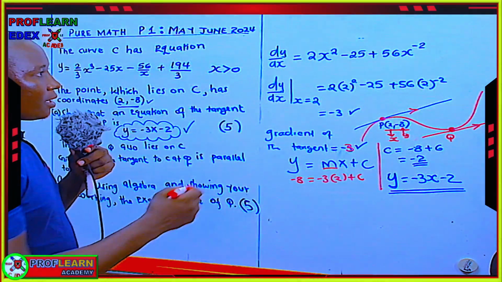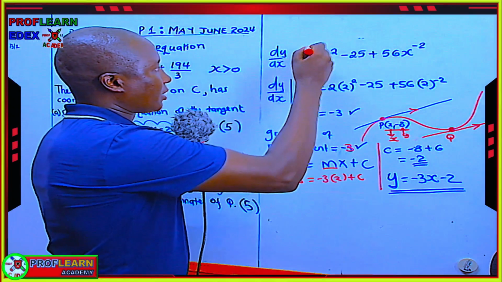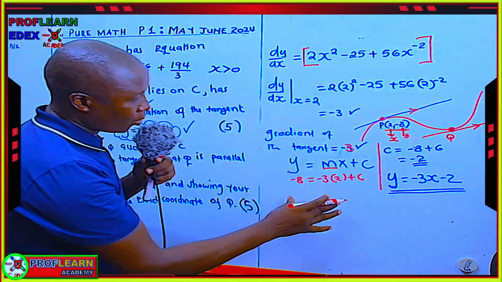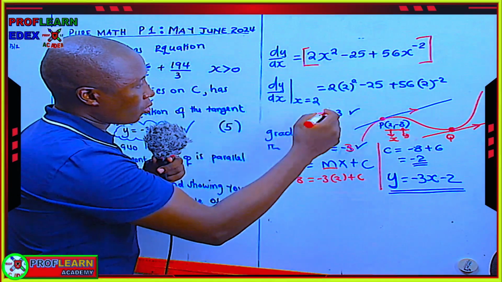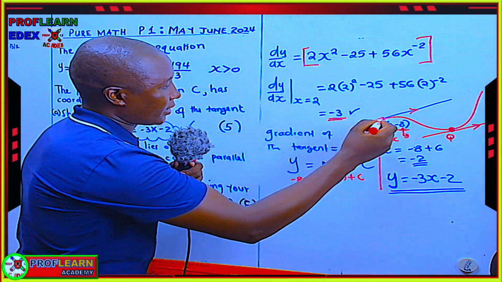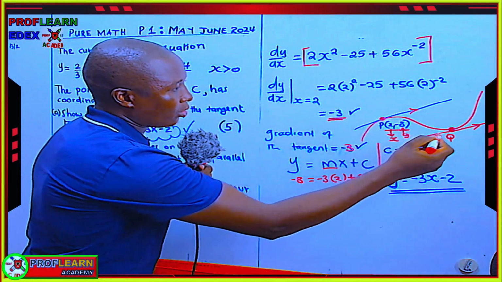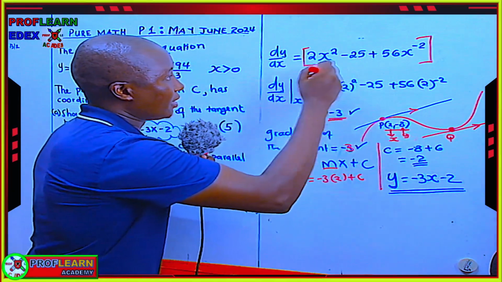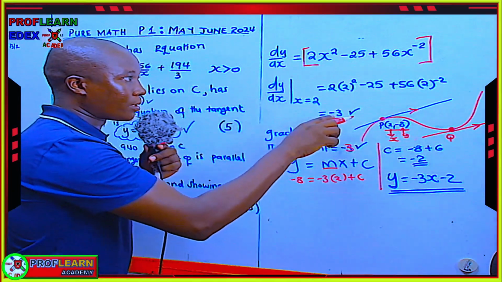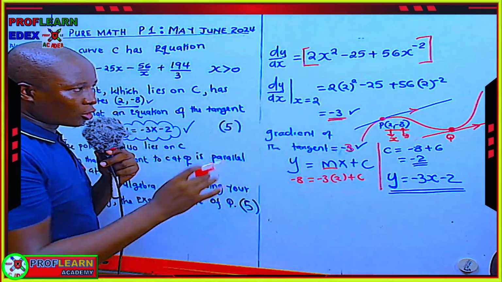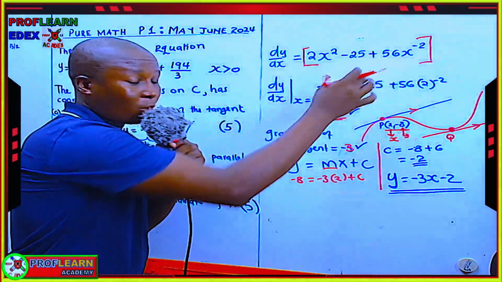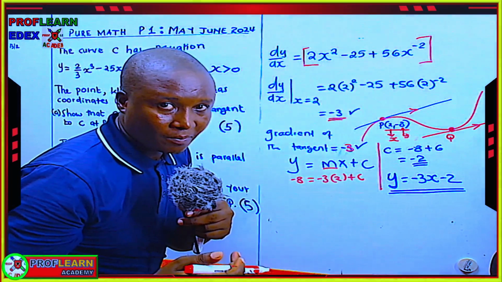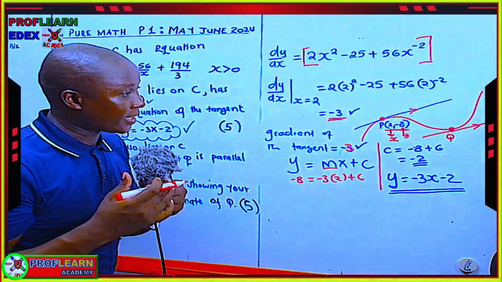So if we take this part that we have here, which is the gradient function, we equate it to -3, because the gradient we got here is -3, and the gradient at this point is also going to be -3. So we shall equate this gradient function with -3, so that we can solve this equation, check the value we shall get, and that will give us the value of x.